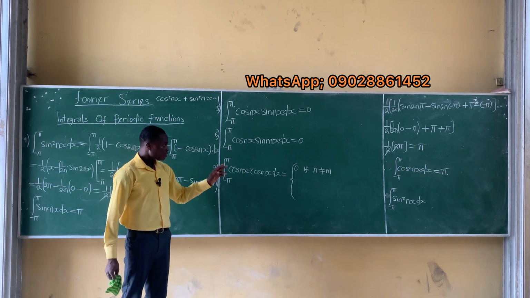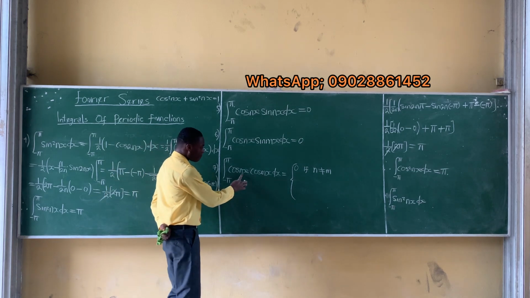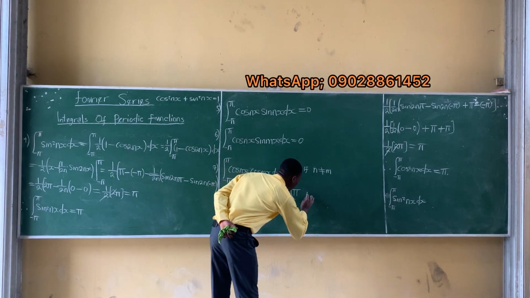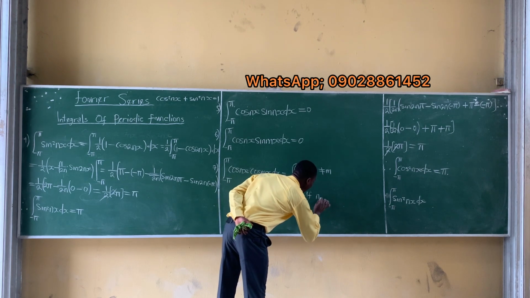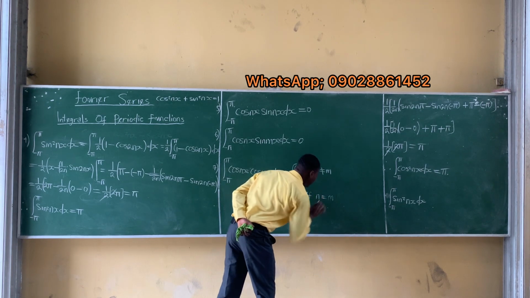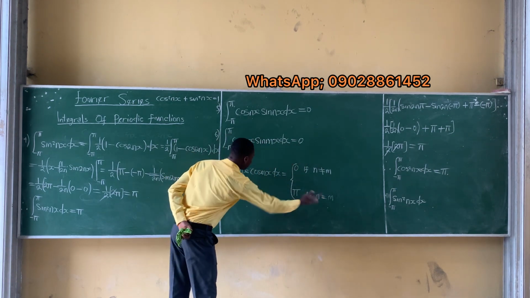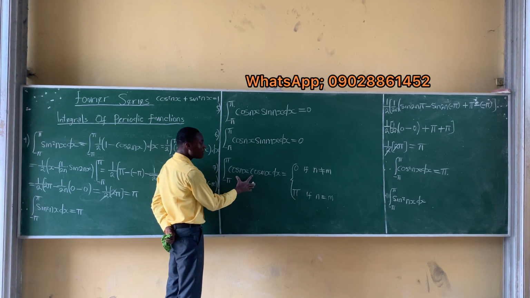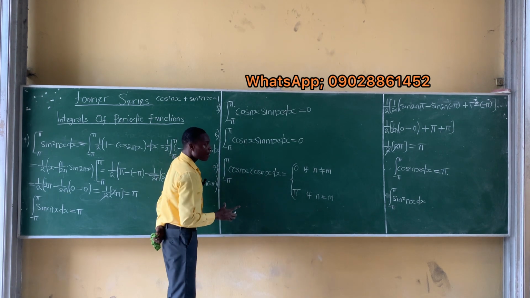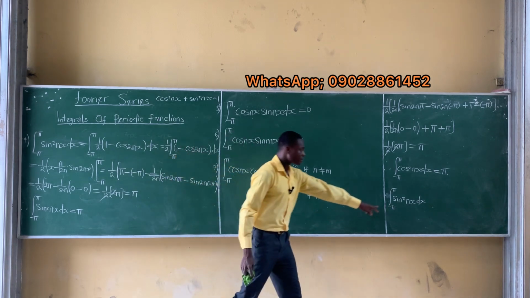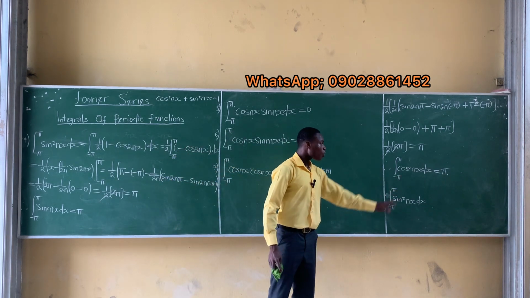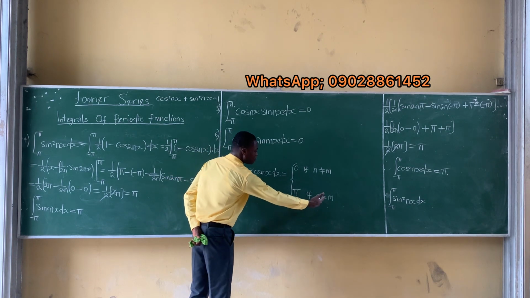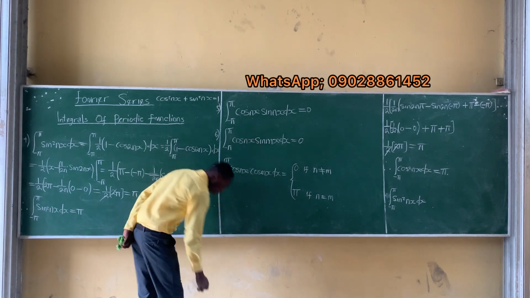So this will give us 0. But if n is equal to m, we are going to have pi. Because if n is equal to m, we have cos mx, which will give us cos square mx. And we have seen that cos square nx is equal to pi. So this will give us pi if n is equal to m.